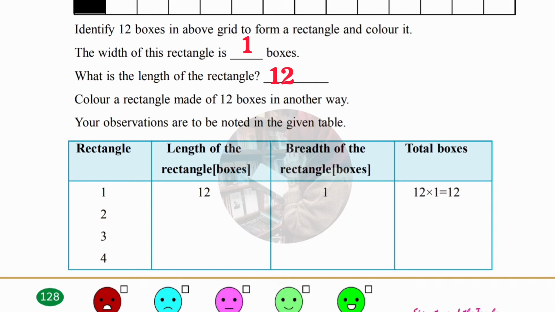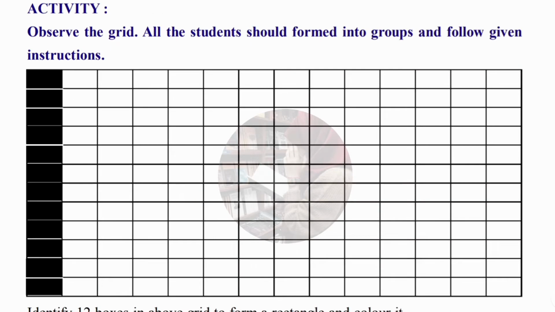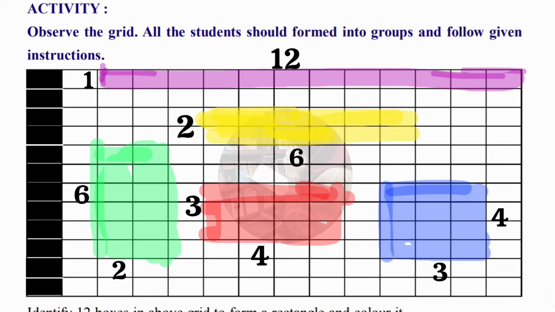Next, the third question: color a rectangle made of 12 boxes in another way. Here we have to show the 12 boxes in another way also. In this way you can draw and show. The first rectangle, in purple color, I have taken 1 as the length and 12 as the width.